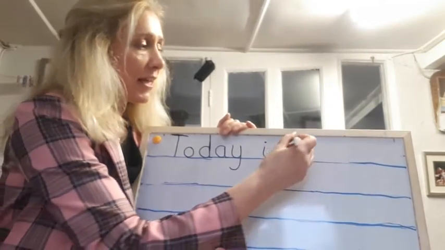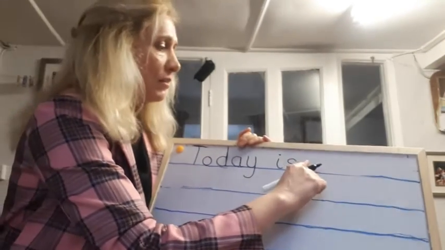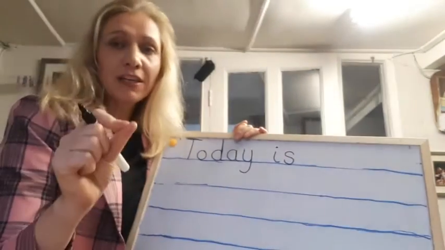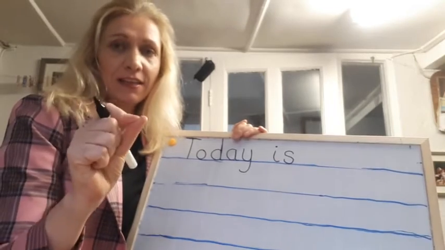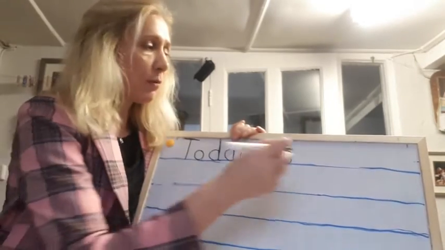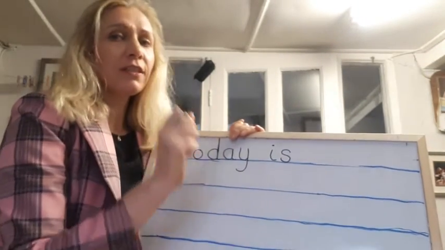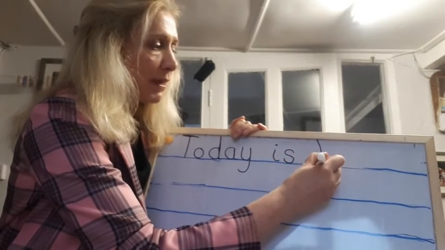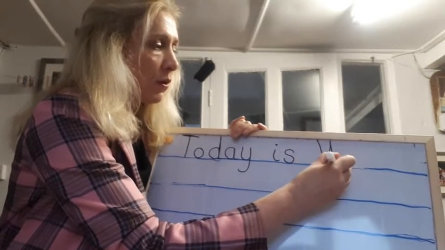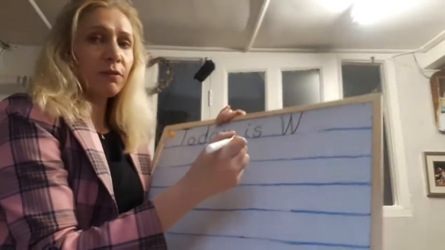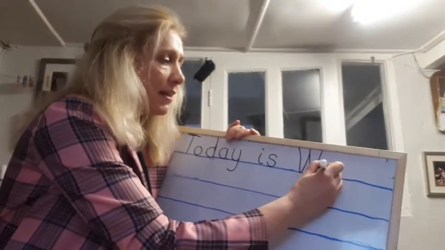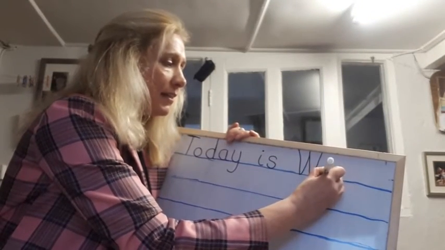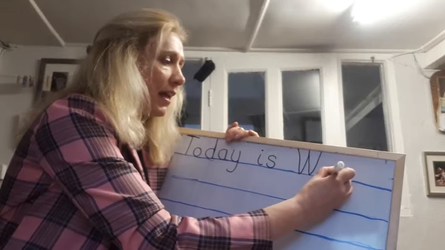So today is Wednesday. Wednesday is a special name of a day, so Wednesday gets a capital W. You've done W's. I know you did the lowercase, but the uppercase is similar. So my finger space, I go up. Wednesday. So I just have to move this now to write it. Remember your E, start just below the middle of the line and it sits on the line. Your D, again.